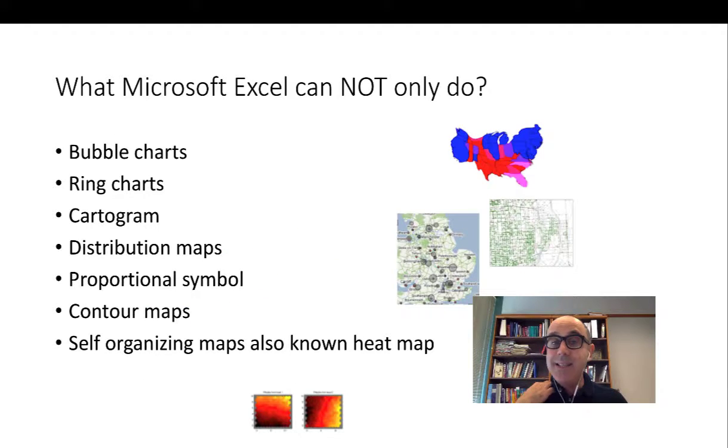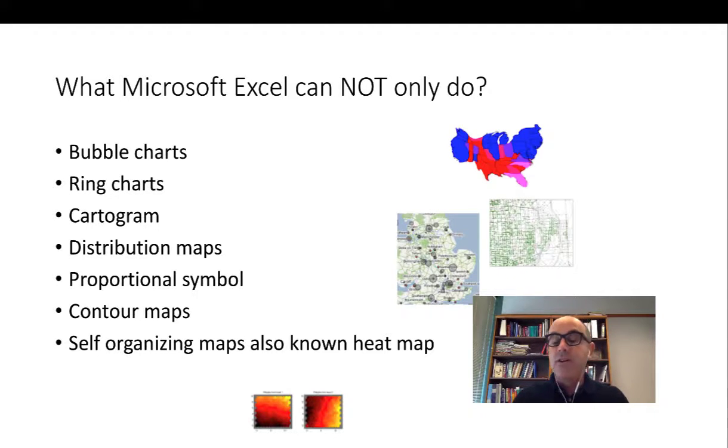But Microsoft Excel, and that's one of the reasons that I do not like Microsoft Excel, is a little bit limited with regard to the visualization it allows us to produce.